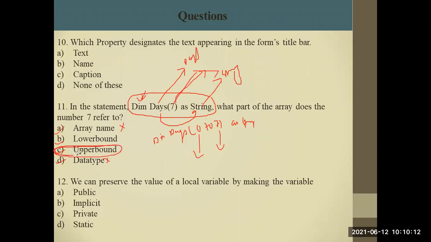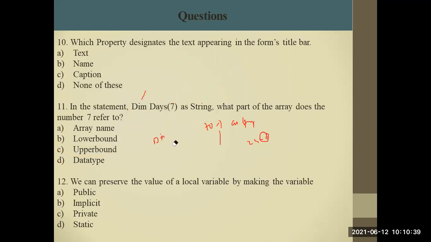What will be the upper index of the array? It will start from 0, 1, 2, 3, 4, up to 7. The upper bound is 7 and the lower bound is 0. And what is the size? The size of the array or vector will be 7 or 8. So remember this one. The 7 signifies the upper bound associated with this array.